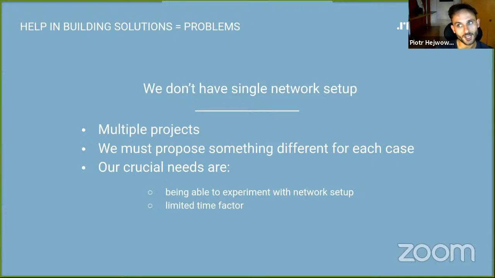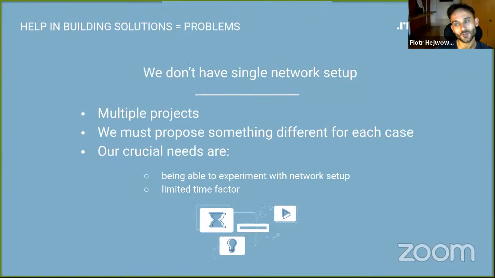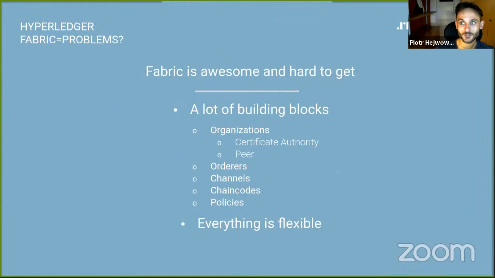And all of this sounds nice, but in the case of Hyperledger, it's really bloody complicated, actually. Don't get me wrong, Fabric is a really great tool, but hard to get and understand at the beginning, because it's got a lot of building blocks. Every organization has certificate authorities, peers. We've also got ordering organizations, orderers. We've got channels to combine organizations, chaincodes that can be installed on the channels, and policies to ensure security around the blockchain.